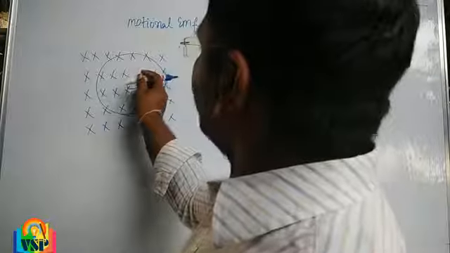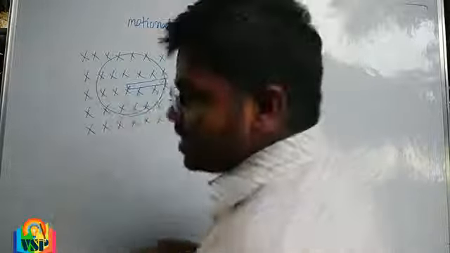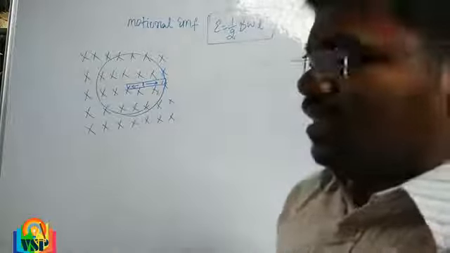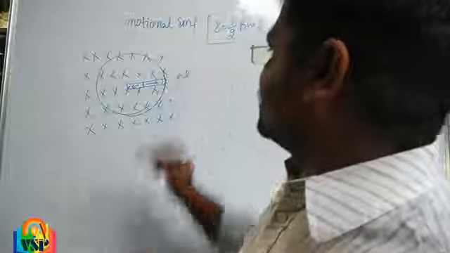This metal rod is rotating in the uniform magnetic field, revolving around its own axis. Understand? Length of the rod is L, or radius of the rod is also L. R is equal to L in this case.